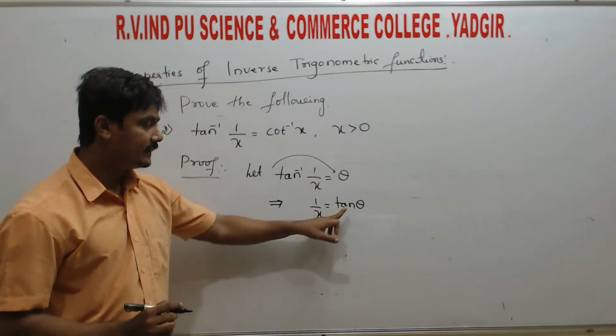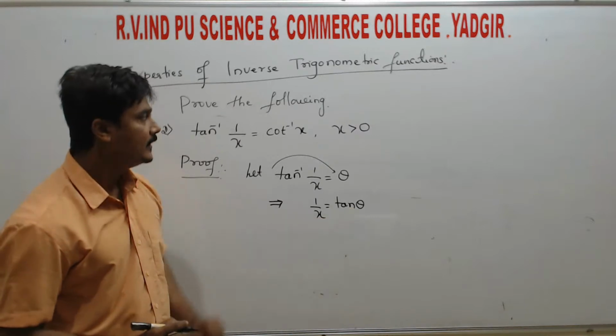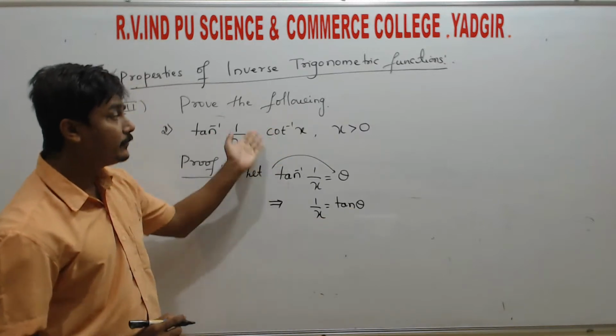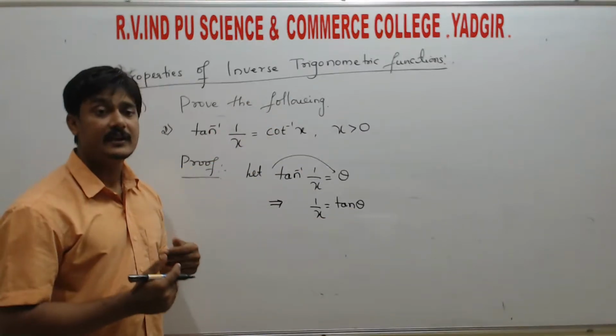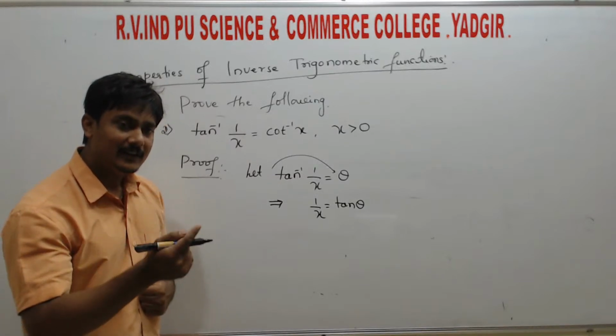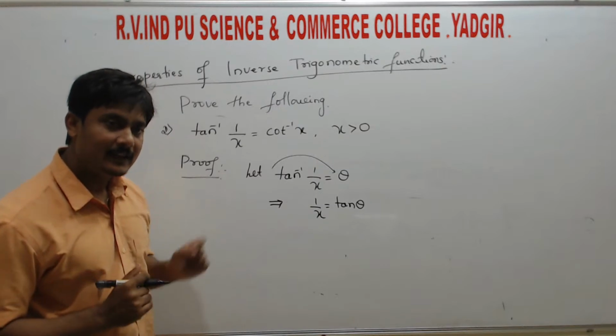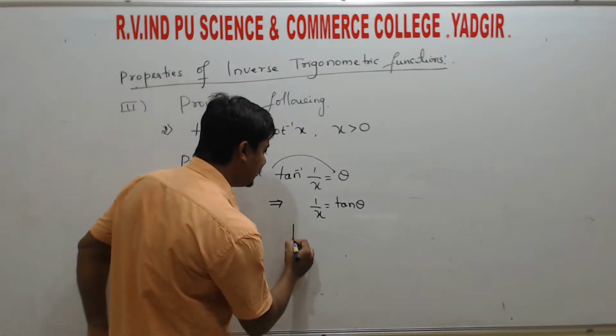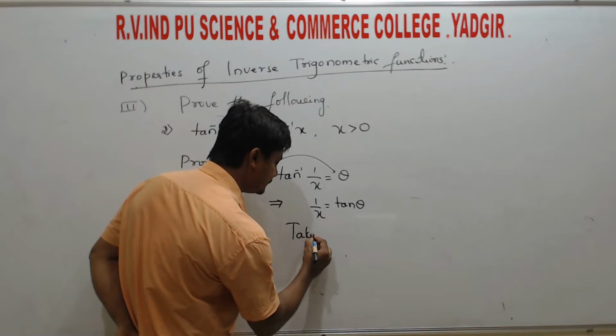So we get 1 by x equal to tan theta. I want the answer in terms of cot inverse x. It means I must have the cot theta function. So what is cot theta? Cot theta is nothing but 1 upon tan theta. Now I came to know that I need to take reciprocal on both sides.